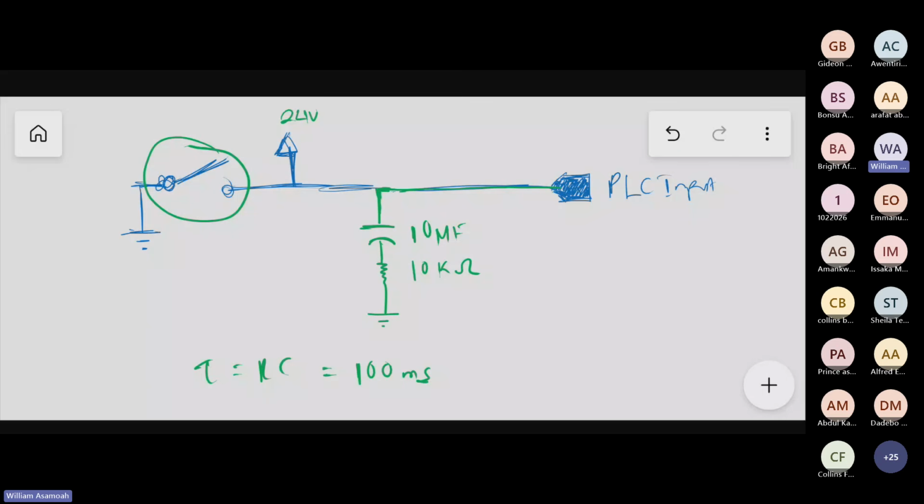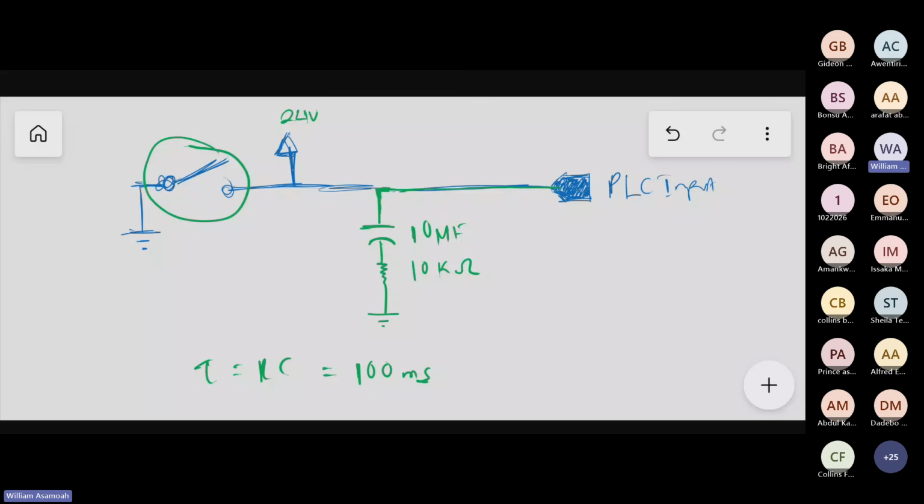Charging. Why charging? So let's think about it carefully. From the question, the capacitor is initially charged to 9 volts at the moment the switch is opened. Right, the moment the switch is closed, it quickly charges to 9 volts.